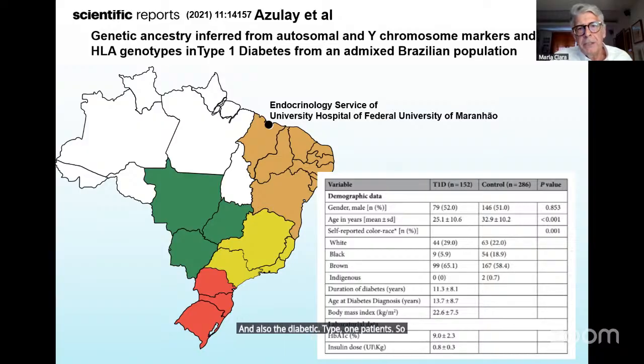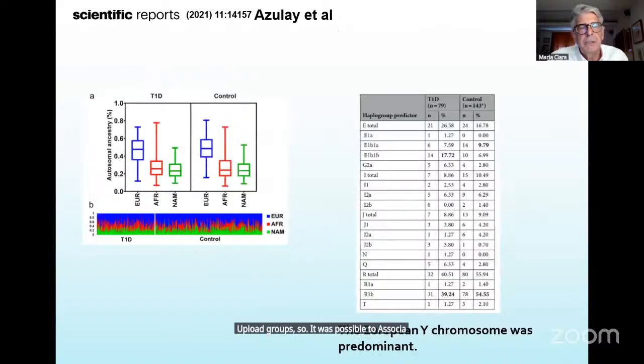So they were investigated at that time not only for HLA in the group of patients, but also for genomic ancestry and chromosome Y haplogroups. So it was possible to see in this population that they have a higher concentration of markers from European ancestry, but they also have about 20%.